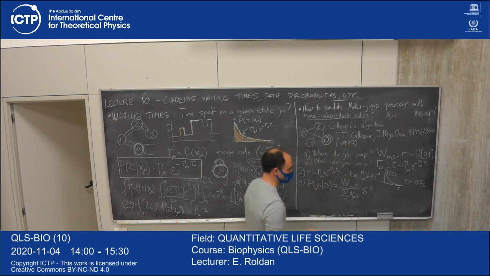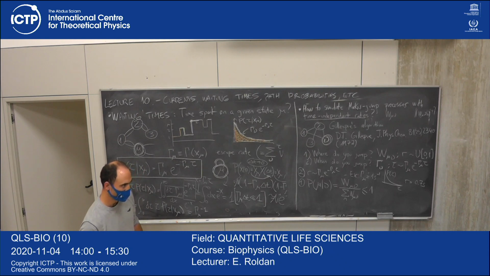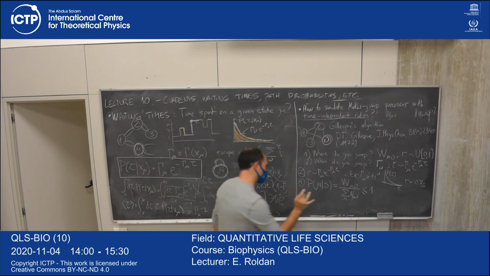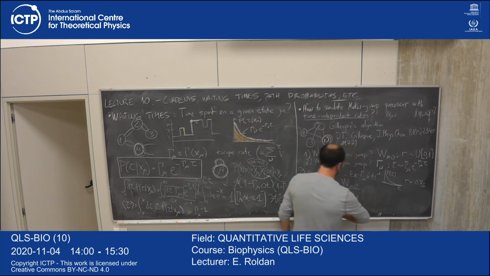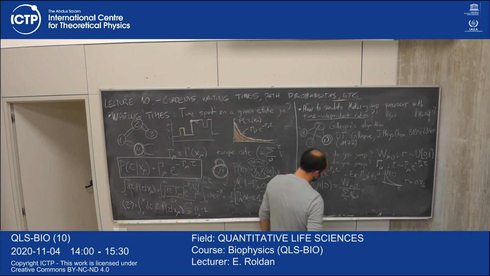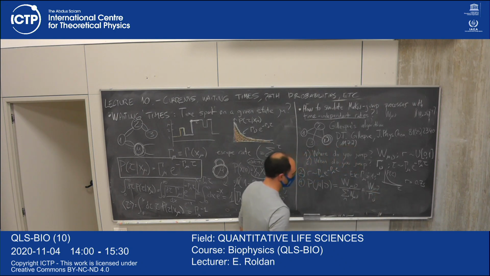As should be, because it's a conditional probability. Okay, so you have to construct this probability. So again, you can also write this as simply W mu nu over gamma nu.